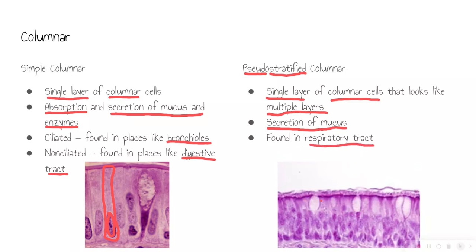And you can see this tissue slide right here. We have all of these nuclei, and they are at various levels, so it looks like it is stratified. But each of these cells right here is actually touching this basement membrane down here. So this is actually a single layer of cells.